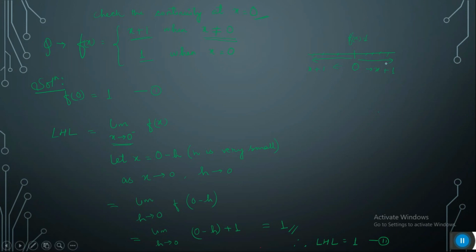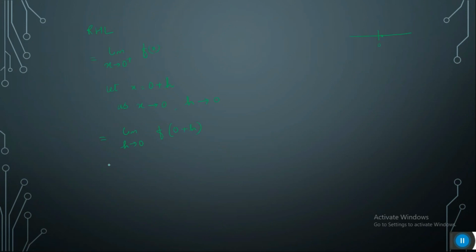It is also x plus 1. So the limit h tending to 0 of 0 plus h plus 1. Because this is not in the form of 0 by 0, you can directly substitute h, and that gives 1. So the right hand limit is 1.